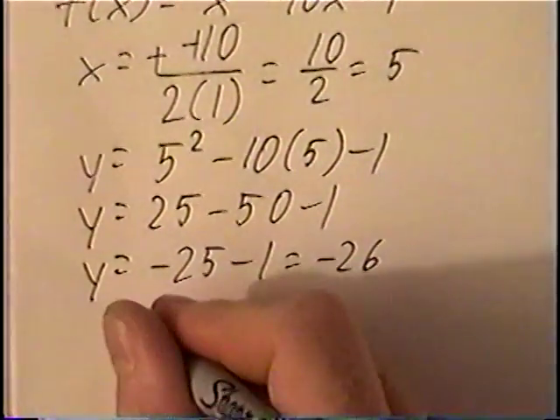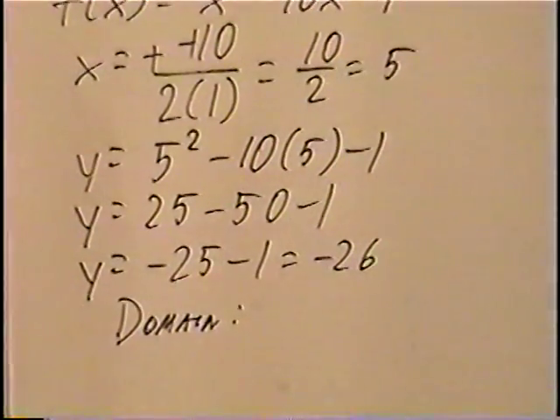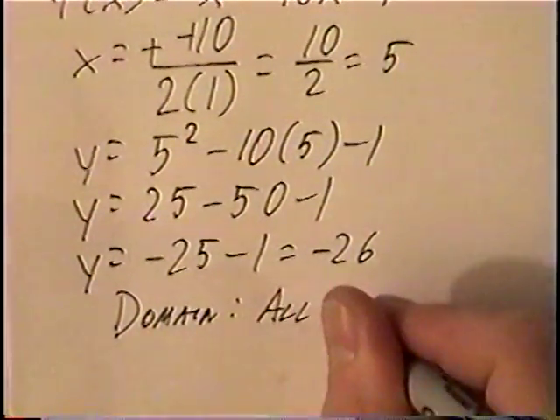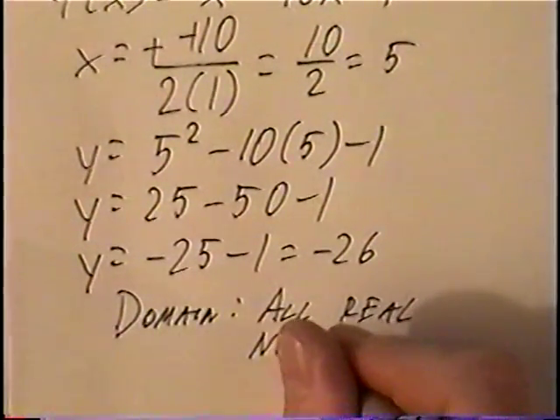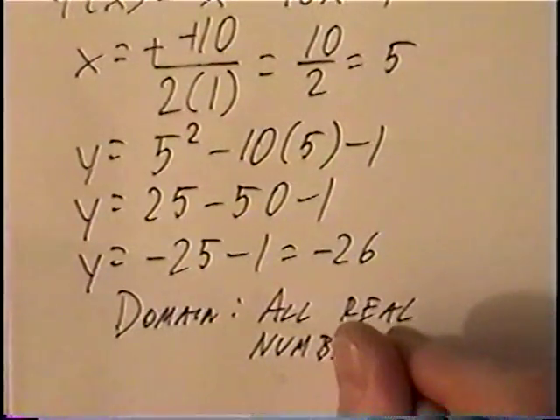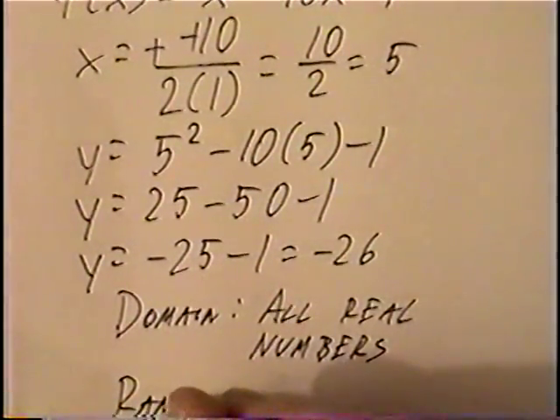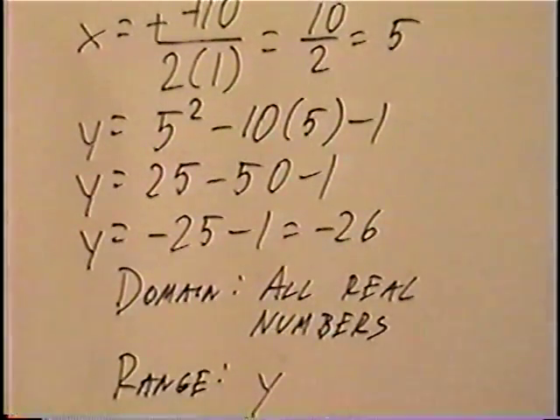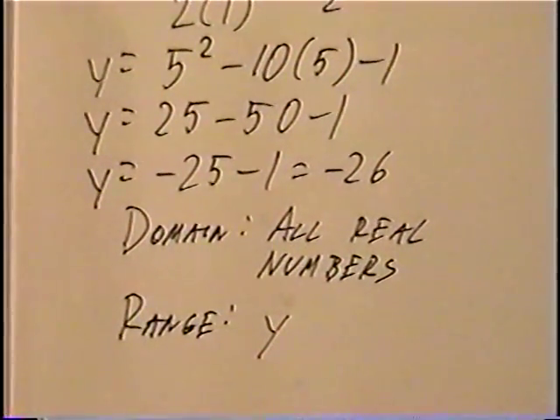For the domain and range, domain, again for all quadratic equations, domain will be all real numbers. For the range, we'll have y and either greater than or less than. Determine which one it is, the minimum or maximum value.